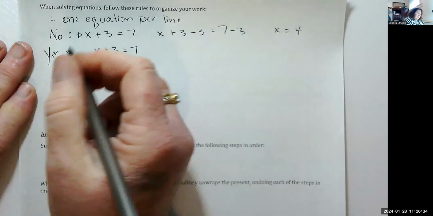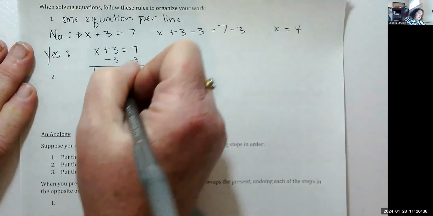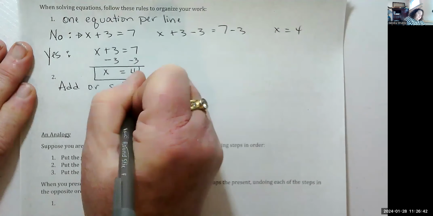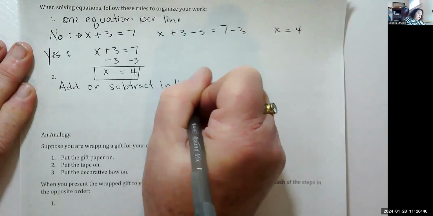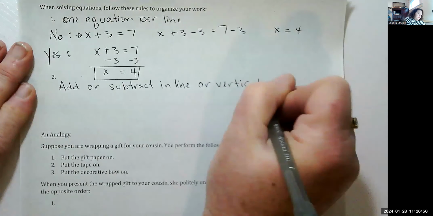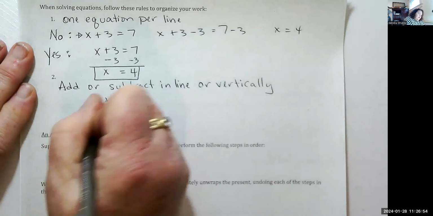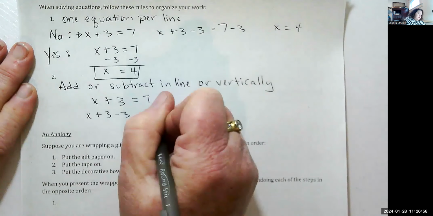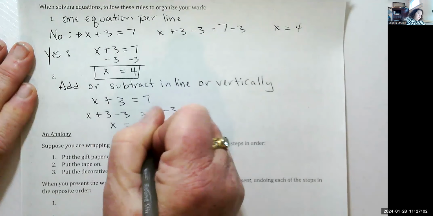All right, number 2 is add or subtract inline or vertically, which is what I did. So if you have x plus 3 is equal to 7, if you do x plus 3 minus 3 is equal to 7 minus 3, then x equals 4.